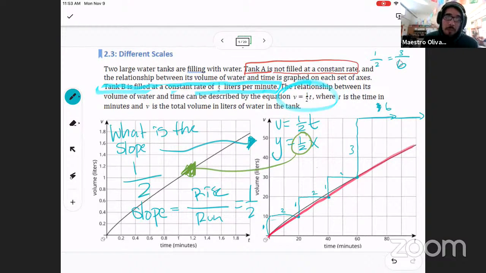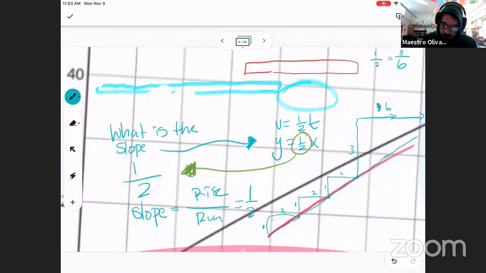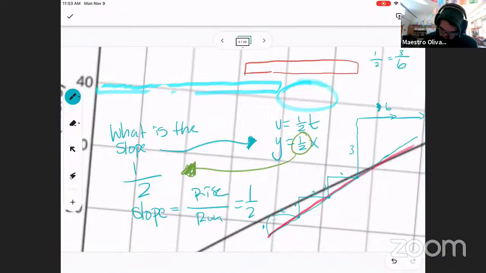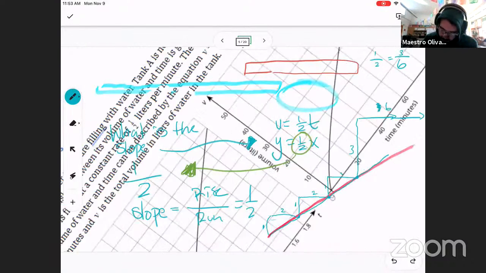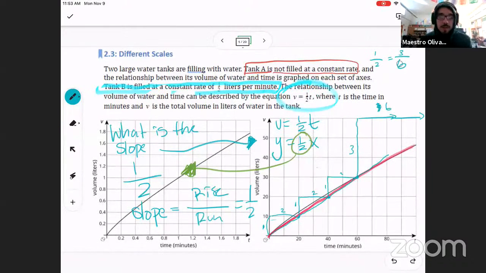Once we have our blue points, let's connect them. It's really, really difficult to see where the 2 lines are crossing.